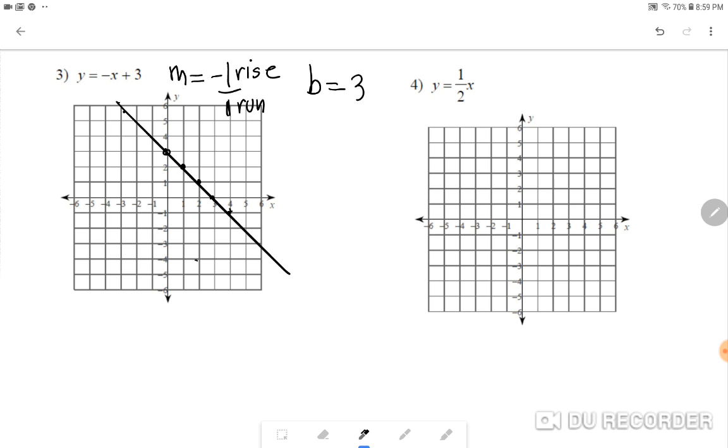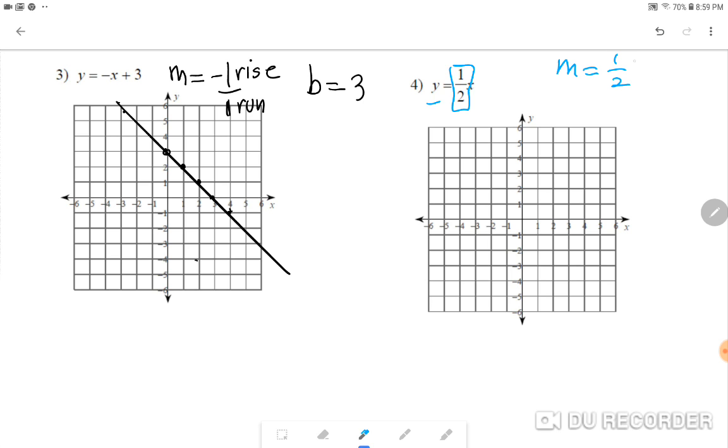Now problem number 4. The y is already by itself, so this right here will be the m value. In this case, the m value will be 1 over 2.